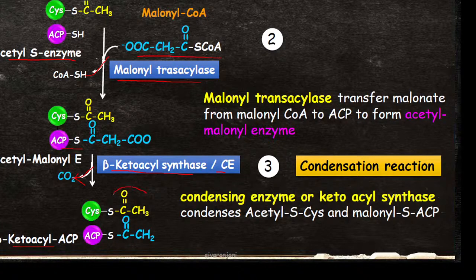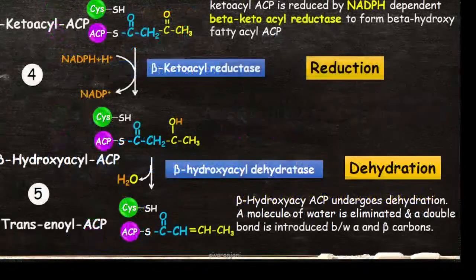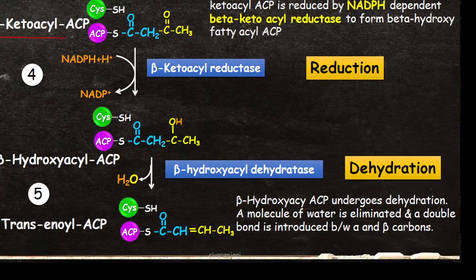The next step is that the acetyl group attached to the cysteine residue is transferred to the ACP group. Further, this beta ketoacyl ACP is reduced by NADPH dependent beta ketoacyl reductase.